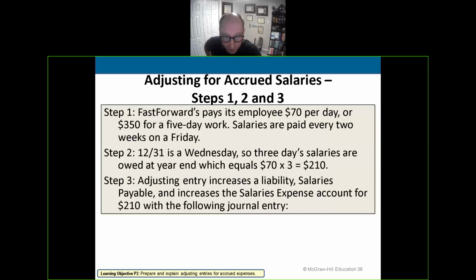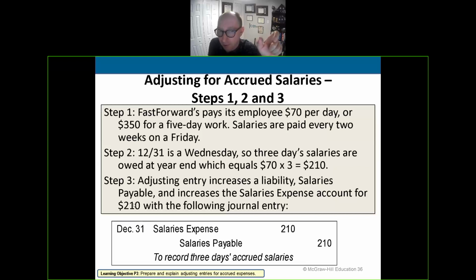The adjusting entry increases the liability, which is salaries payable, and also increases salary expense. So I'll show you the journal entry. We debit salaries expense, also known as wage expense, and we credit salaries or wages payable. This is the adjusting entry we make December 31.